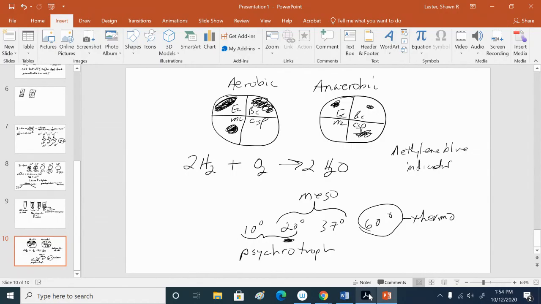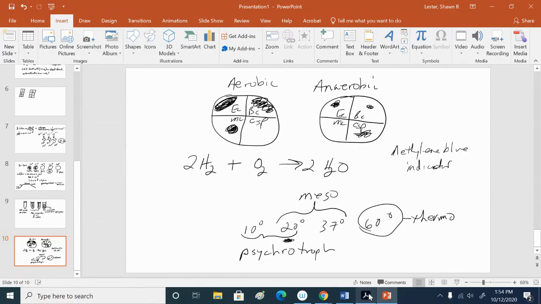And what's the purpose of these pigments? Is it to make bacteria pretty? No, it could be for a lot of different reasons. Such as to protect them, or they're antioxidants.